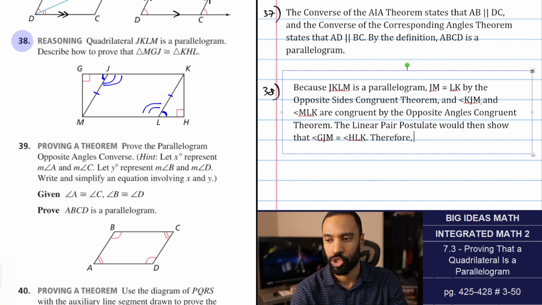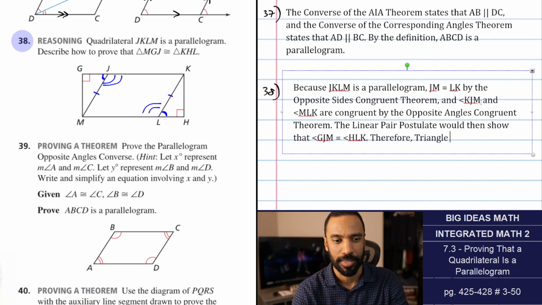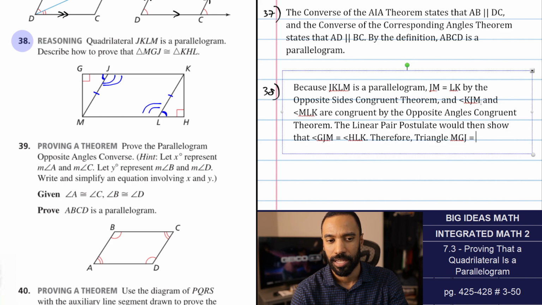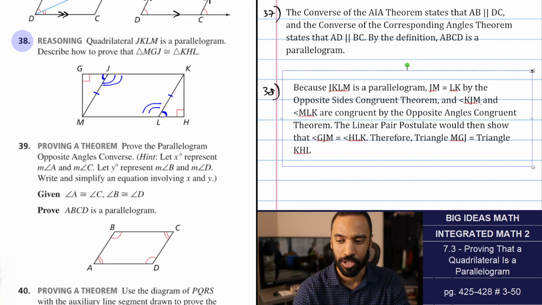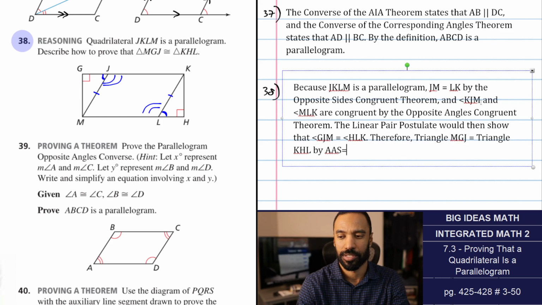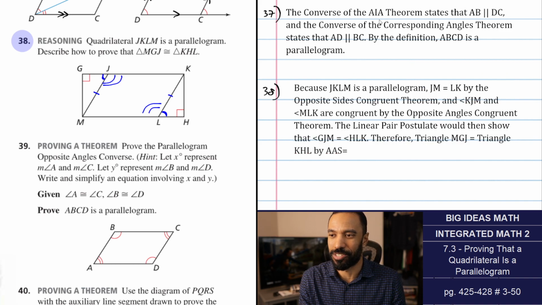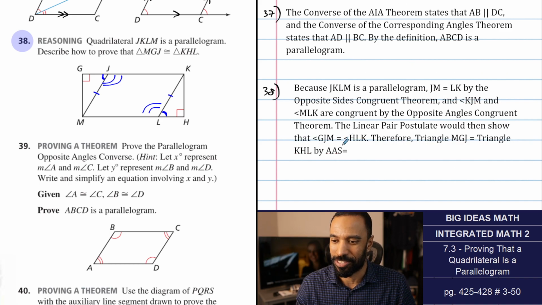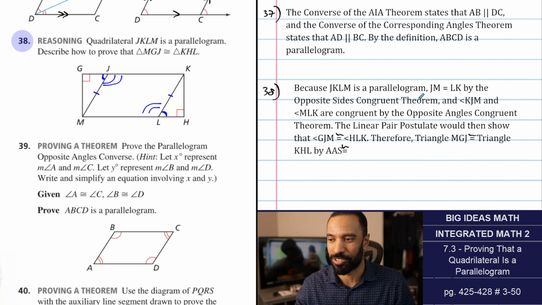Therefore, triangle MGJ is congruent to triangle KHL by angle side congruence. I probably shouldn't have typed this apart. Now, because that last one does have a congruence thing, I feel like I have to make up for everything else that doesn't have it. Congruent, congruent, congruent. I should probably put triangle symbols, congruent, and segment bars all over this.